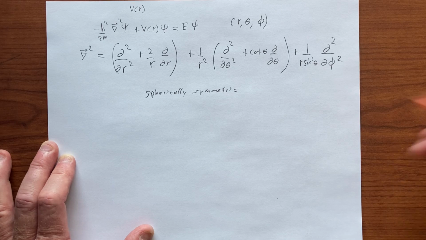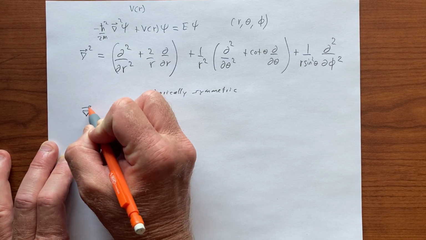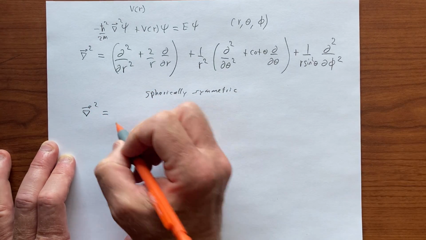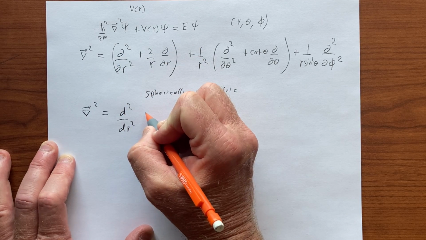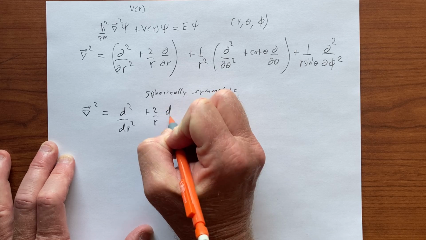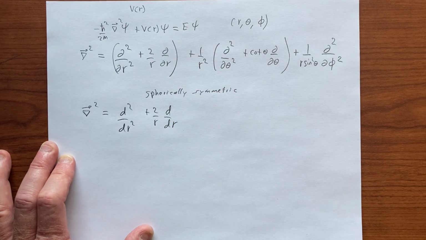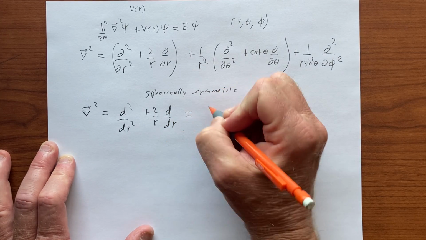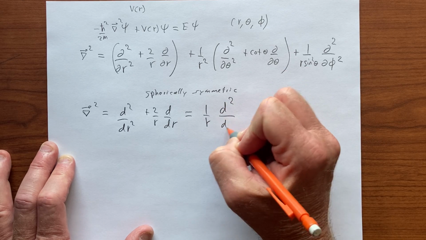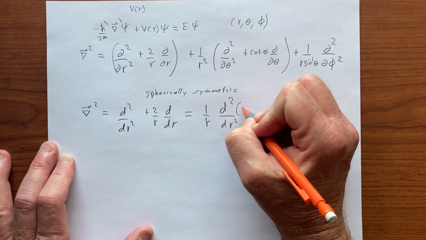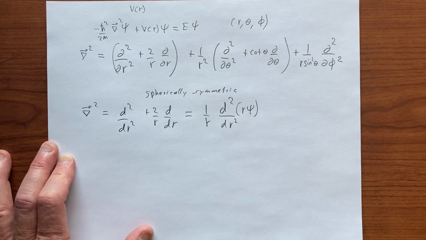And so del squared becomes just this, second derivative in r plus 2 over r d by dr, which of course we can combine into a term that has two derivatives in r of r times psi. Right, so this is that.